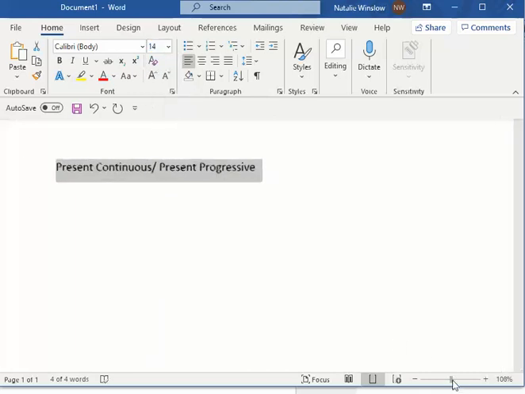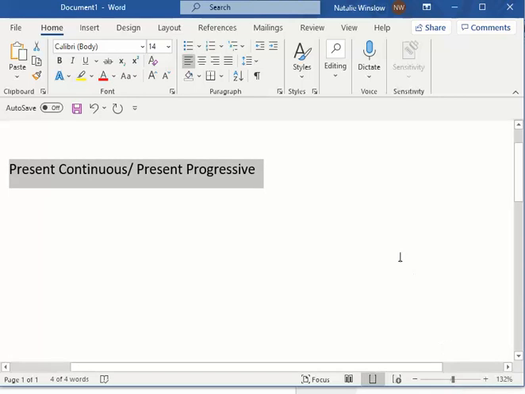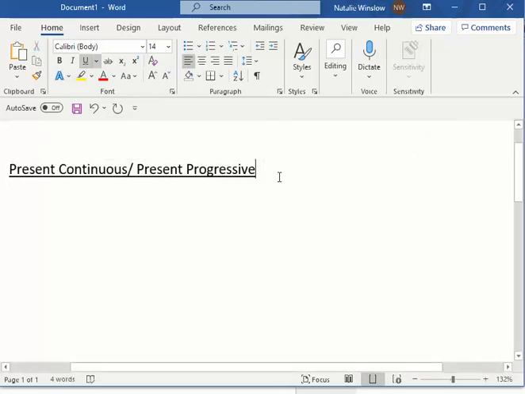I'm going to expand my screen a little bit. Okay, so we have just finished the simple present tense with the be verb and regular verbs. And so now we are going to do the second part of Chapter 1, which is the present continuous.